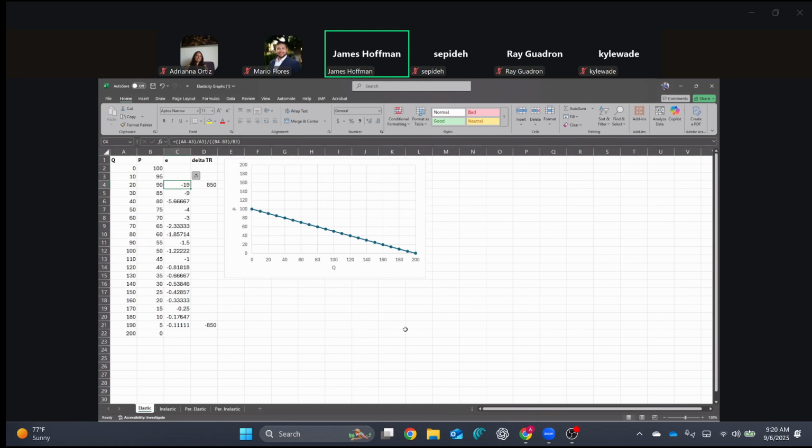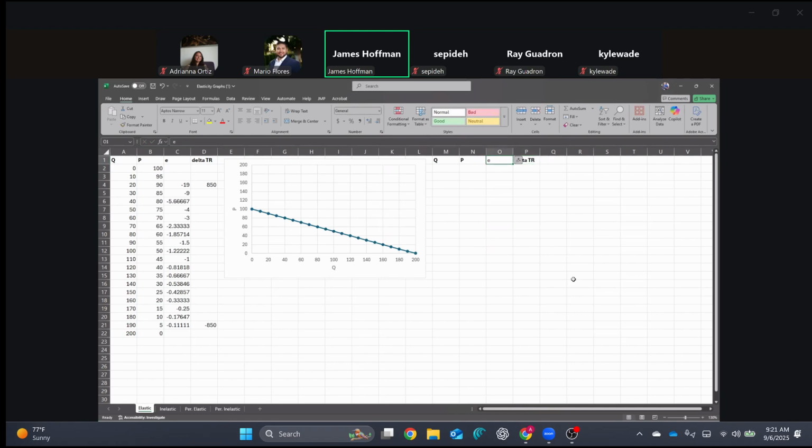Actually, I can do this just so you can understand. If you're interested in doing a little example to understand the concept, I'm making a quantity column, a price column, an elasticity column, and a delta total revenue column, because that would be the change in revenue from point to point.